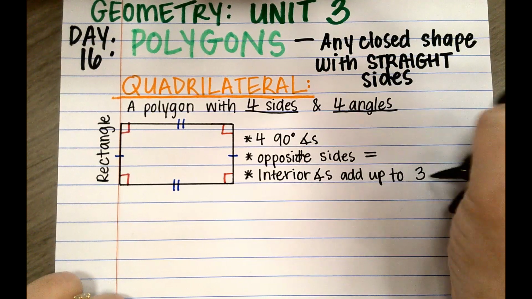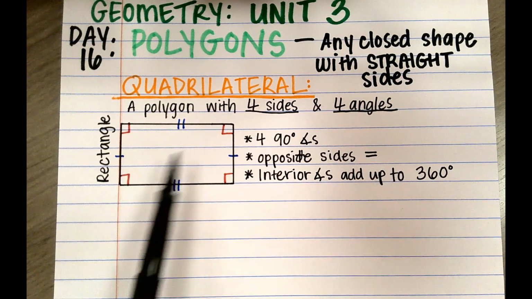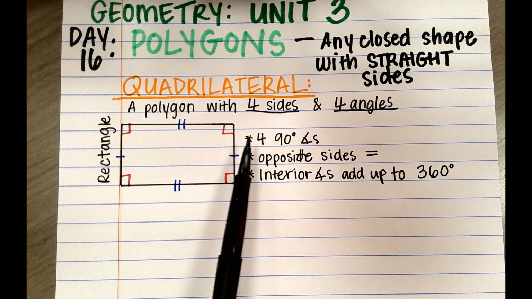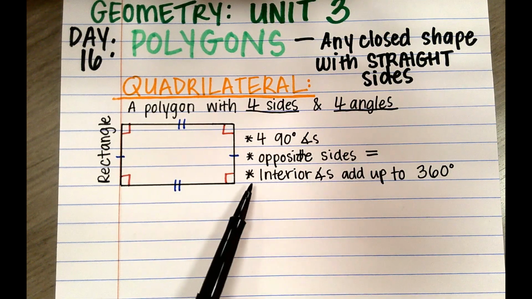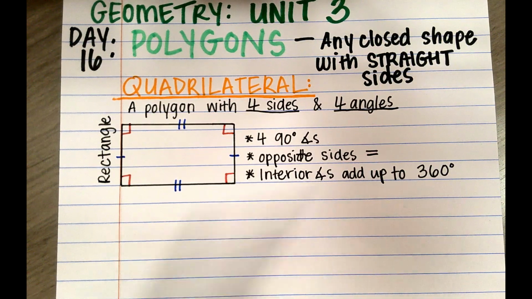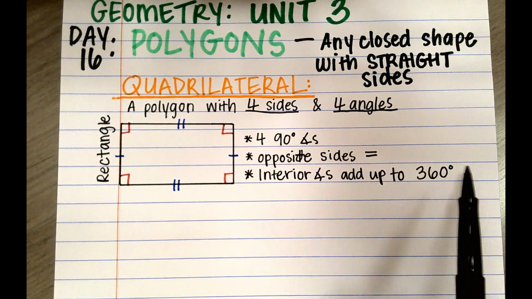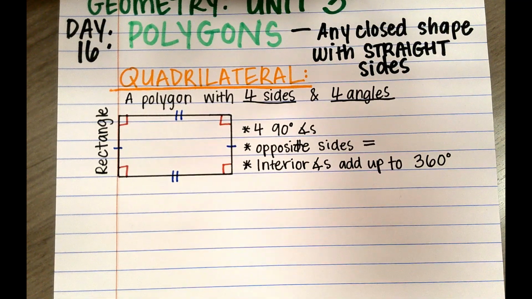Good. 360 degrees. So, rectangles, 4 90-degree angles. Opposite angles are equal, and the interior angles add up to 360 degrees. That 360 degrees will actually be true for every quadrilateral, every four-sided shape.